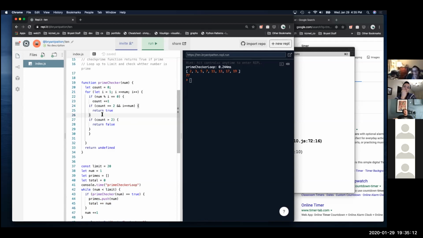So what's the average? Average or best case? Best case. I guess if you had a small limit and it was just prime numbers, like 3... Best case is O(n).